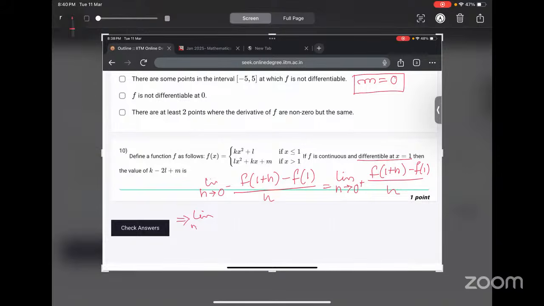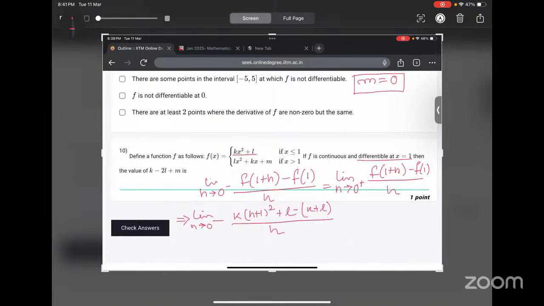Then we will put in the values. h tending to 0 minus means 1 plus h will be tending to 1 minus, so we take this one: k times (h plus 1) square plus L minus (k plus L), by h.